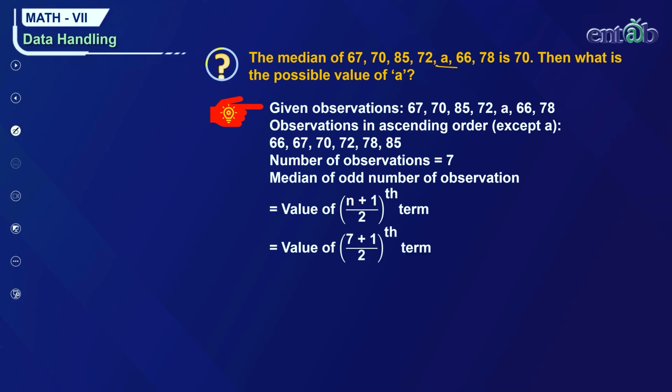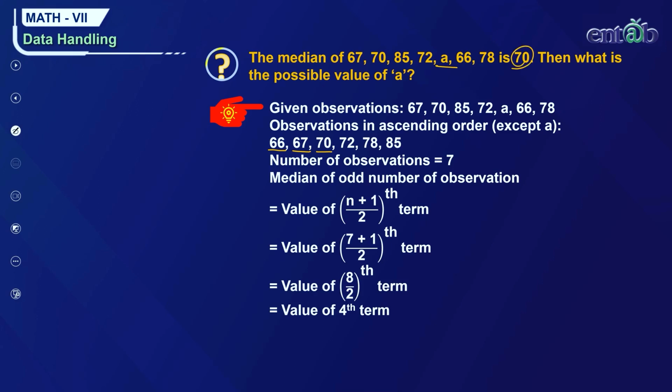N is 7, so 7 plus 1 upon 2th term, which means the 4th term. Right, now these are the observations when we have arranged them in order. So 1, 2, 3, and the median is given as 70 already.